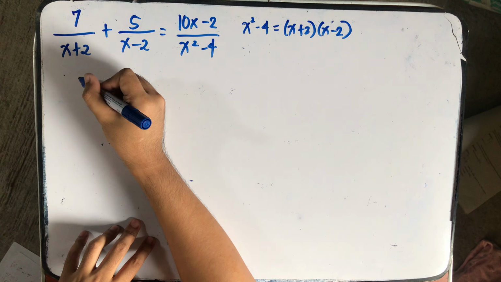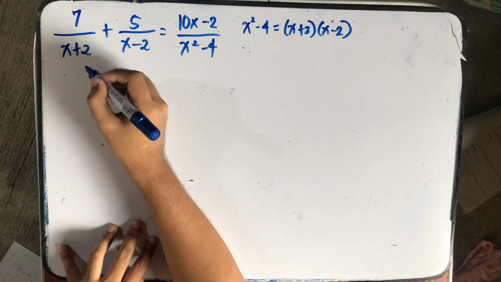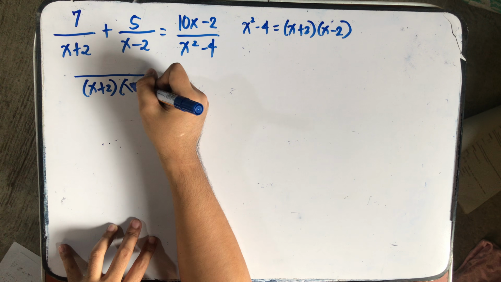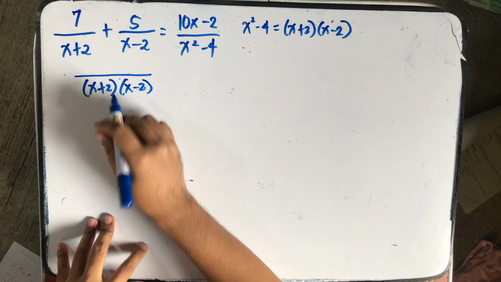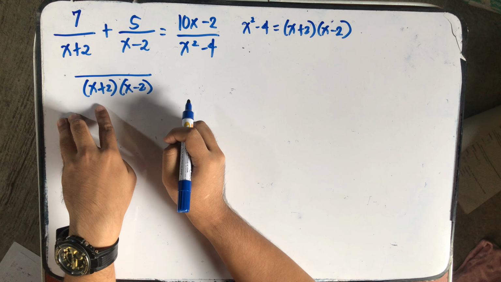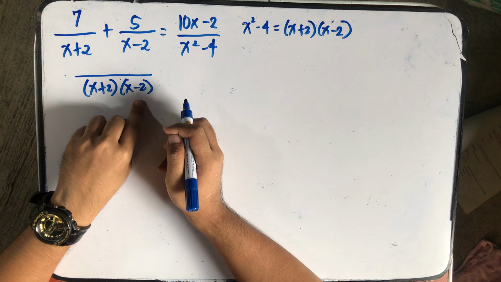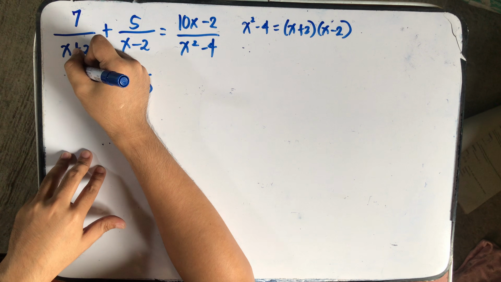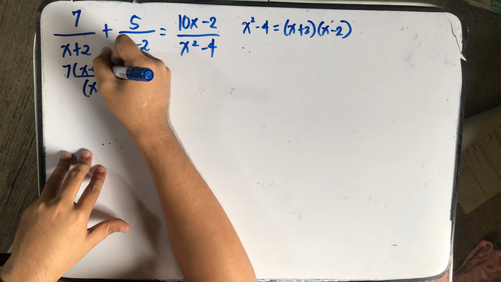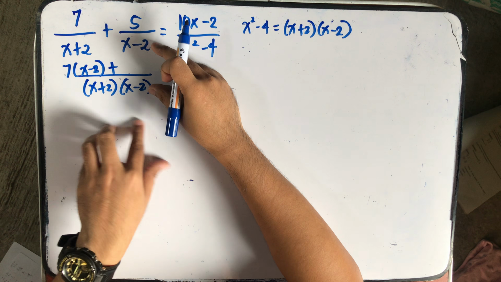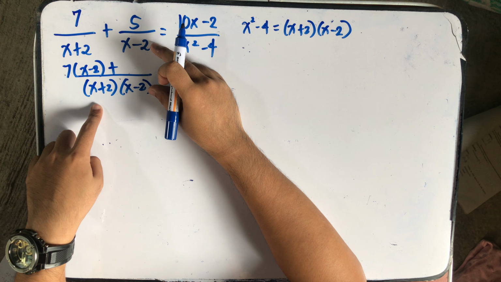Okay? So, we're now ready to get the LCD. And the LCD now would be x plus 2 times x minus 2. X plus 2 divided by x plus 2 times x minus 2, divided by this one. Therefore, x minus 2 remains, and that is what we multiply to 7, plus x minus 2 cancels out x minus 2, and x plus 2 will be retained.